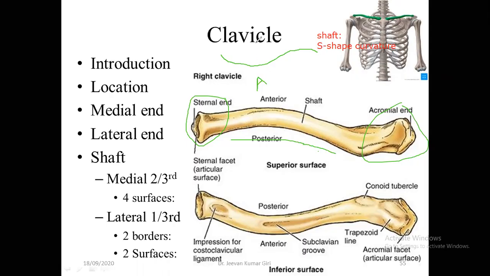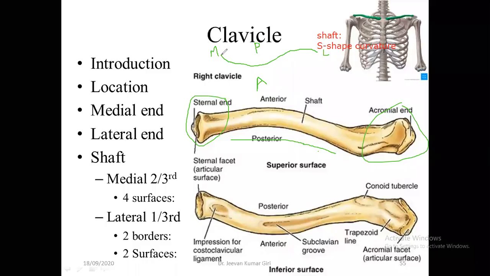This is the medial end and this is the lateral end. Now see the S shape. This gives the S shape, isn't it? The shaft has an S shape curvature, so it has two parts, 1, 2.